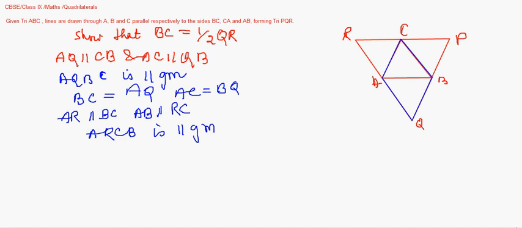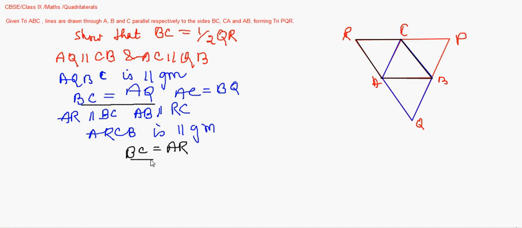I again draw it with some other color. ARCB is a parallelogram. Thereby, that would make BC equal to AR. We had first seen BC equal to AQ.